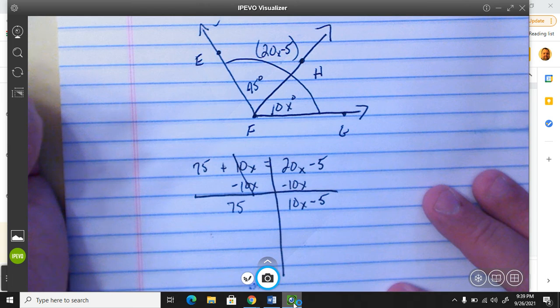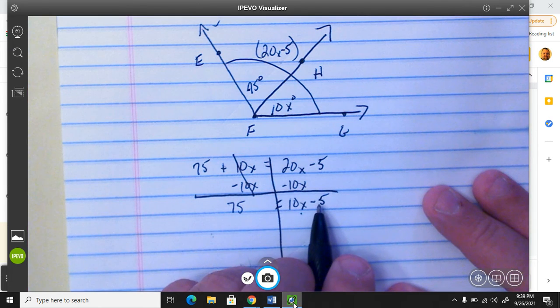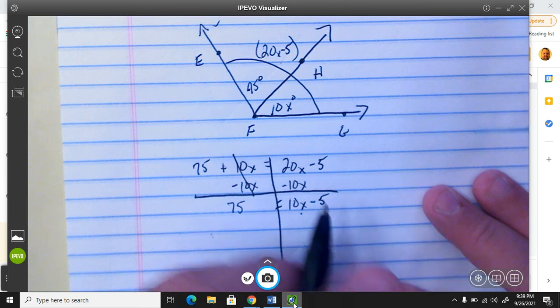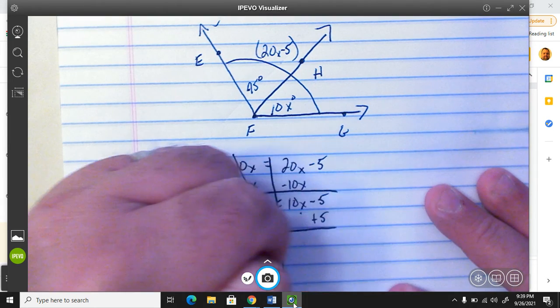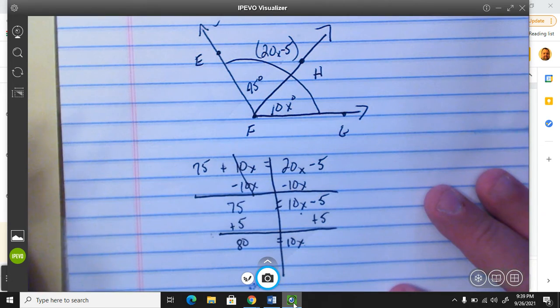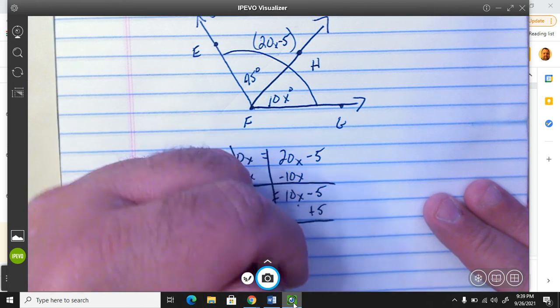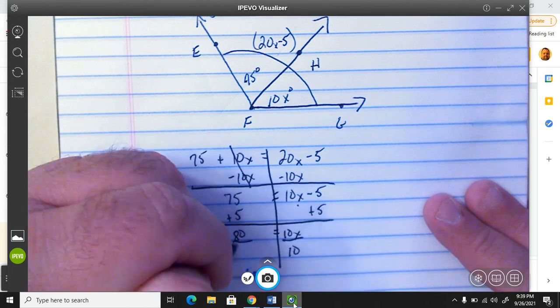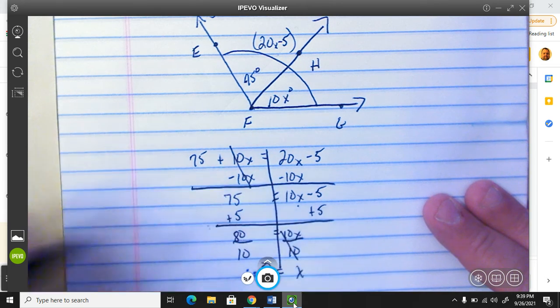Now I'm going to start working on getting this x by itself. So I'm going to take care of anything being added or subtracted. So I'm going to add 5 to both sides. So 80 equals 10x. And then I need to get rid of this 10 by dividing 10 on both sides. So x equals 8.